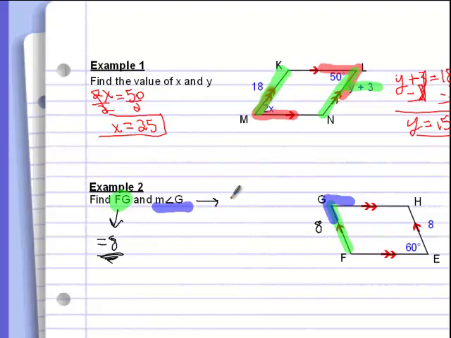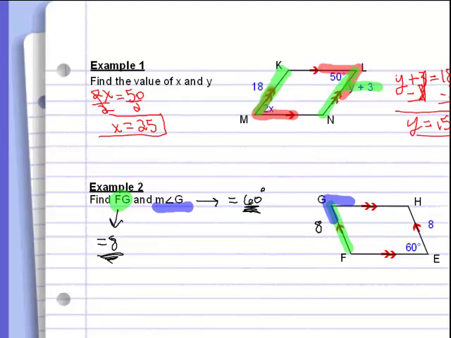I hope you're saying to yourself that it is 60 degrees. The reason it is 60 degrees is because its opposite angle, angle E, is 60 degrees. And in a parallelogram, opposite angles are congruent. So if angle E is 60, then angle G is congruent to angle E, meaning angle G is 60. Real complicated math there, folks.